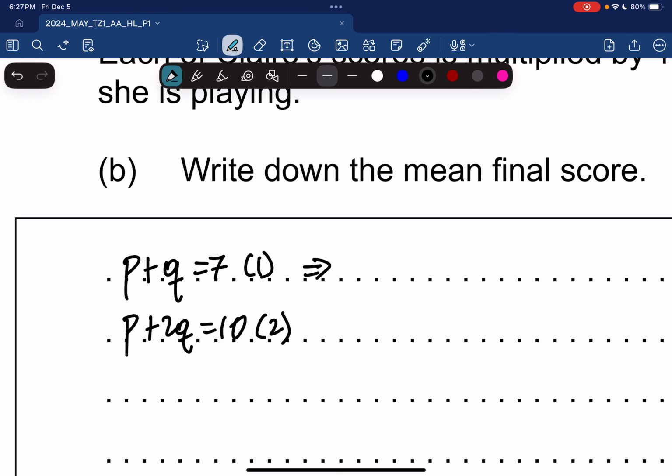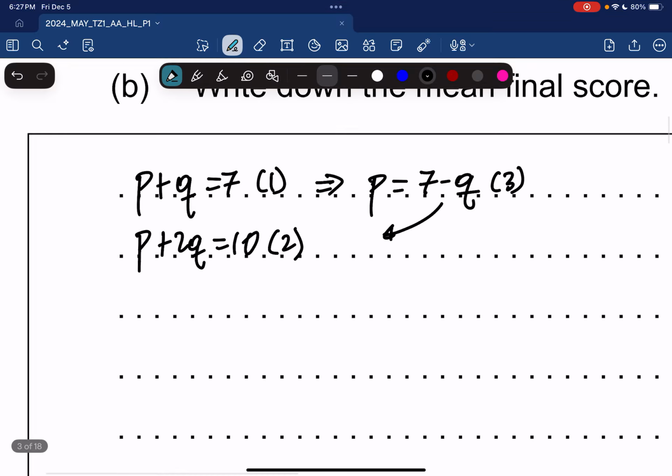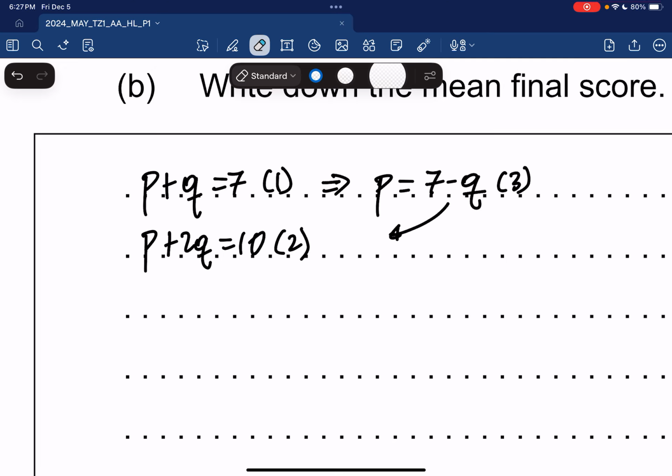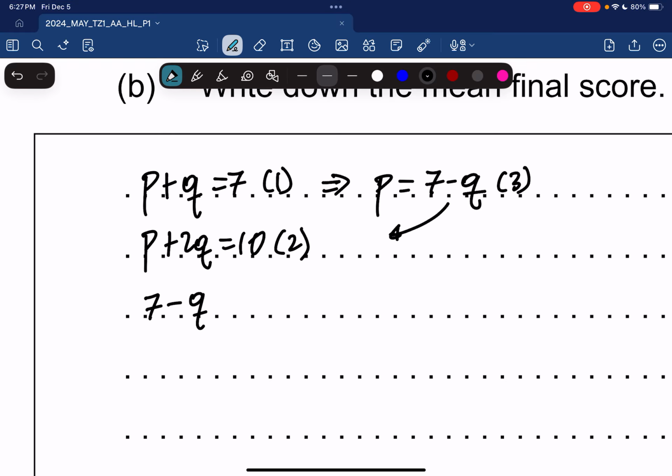Doesn't really matter. What I'm going to be doing here is solving for P, right? I'm going to be doing P is equal to 7 minus Q. And because I know that from here, this is my third equation, I can substitute this down here, a process of substitution. So I would have P, which I know is now 7 minus Q, plus 2Q is equal to 10, right?